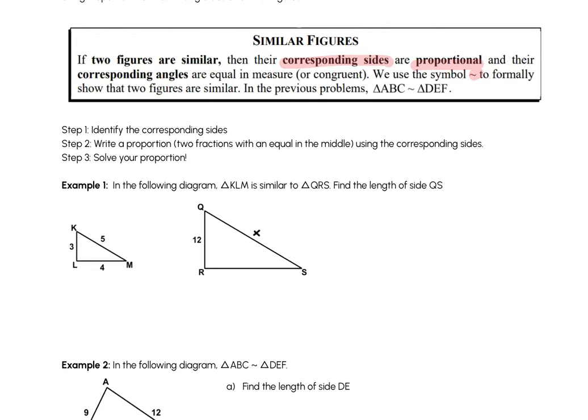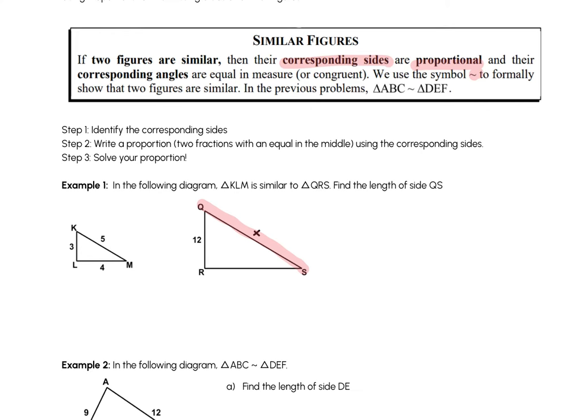Example 1: in the following diagram, triangle KLM is similar to triangle QRS. Find the length of side QS. So this is the side I'm trying to find. I have to figure out what QS corresponds with, and you can either look at the shape or look at the letters.